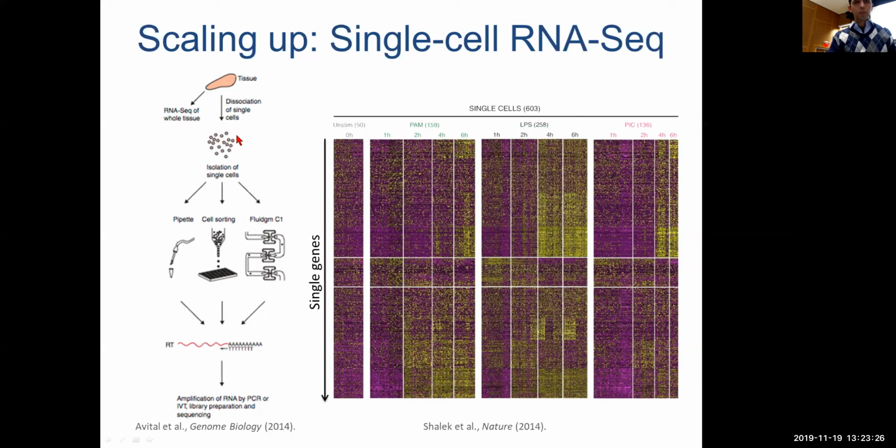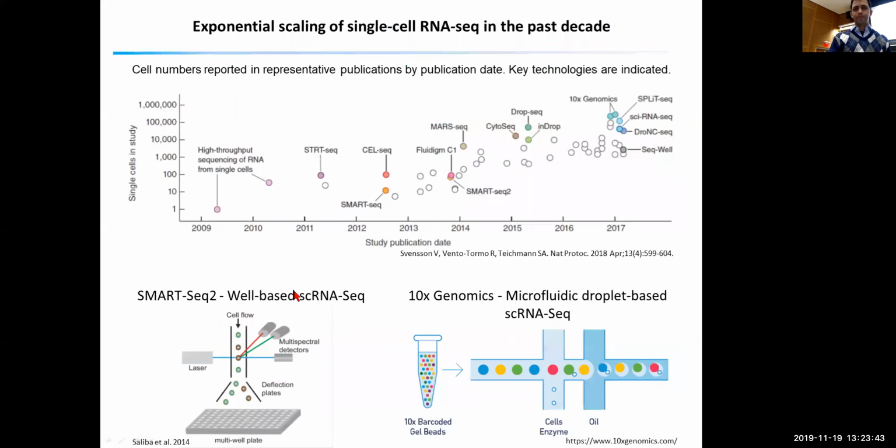Awesome. So basically, after you isolate single cells, you could then use a pipette to capture individual cells. You could just plate them out and then capture individual cells. Or you could use a cell sorter. Or you could use microfluidics. Or you can use these drops.